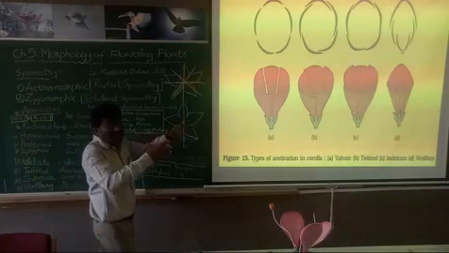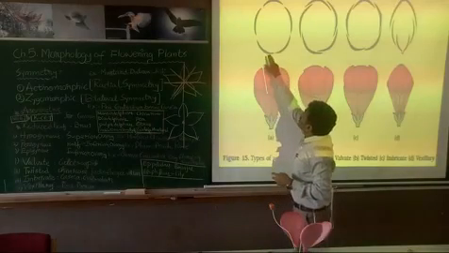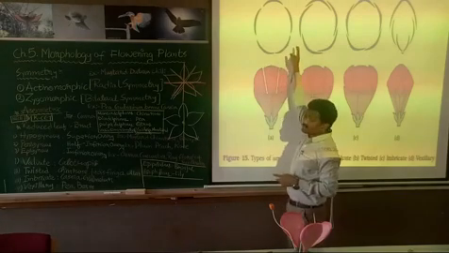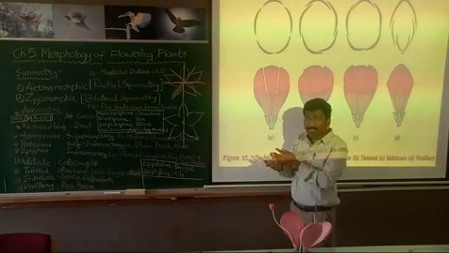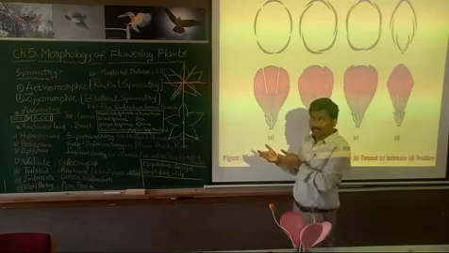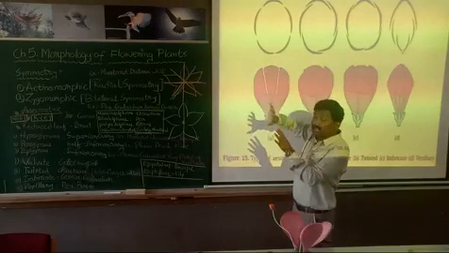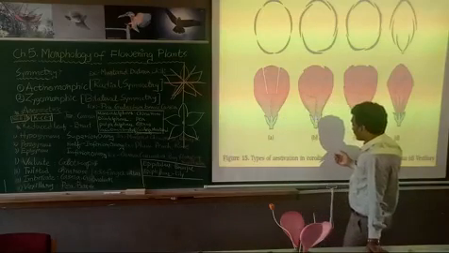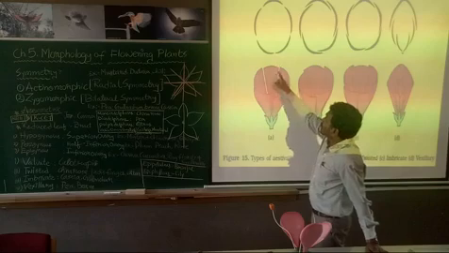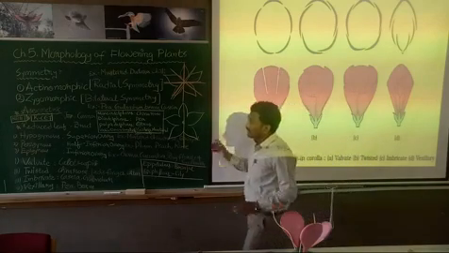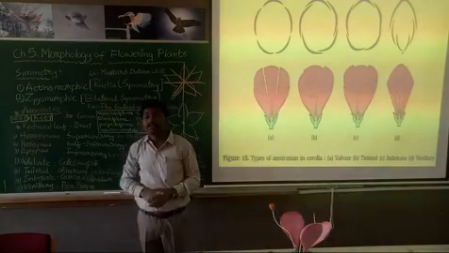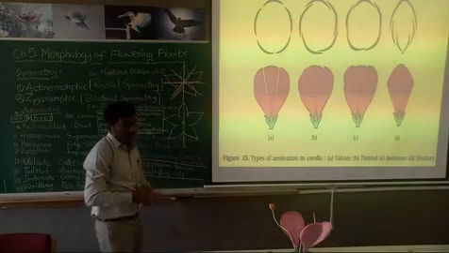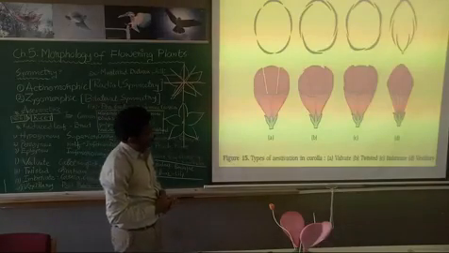You can see in this diagram, five sepals or petals are present side by side without overlapping or touching one another. Valvate estivation can be seen in the Calotropis flower. So what is the example for valvate estivation? Calotropis. Next, the second one I am going to explain, twisted.